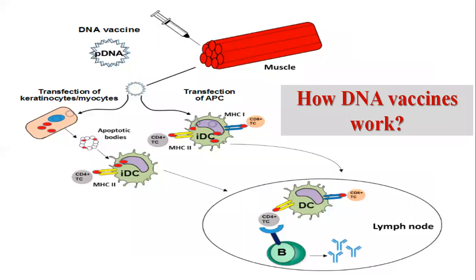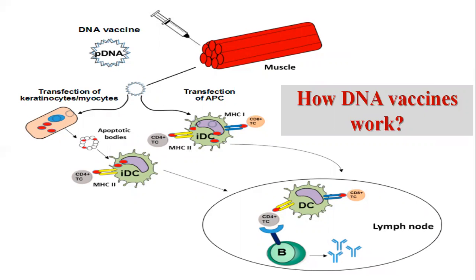Now, the question is how this DNA vaccine works, or else the mechanism of DNA vaccine. A DNA vaccine intended to induce an adaptive immune response or acquired immune response needs to encode an antigen as well as an adjuvant.